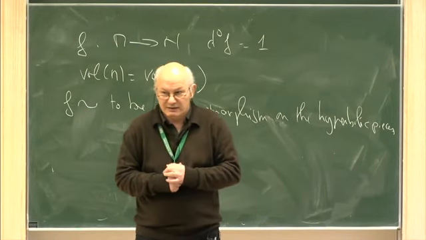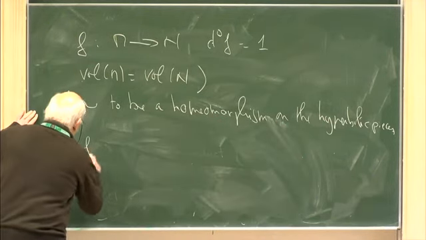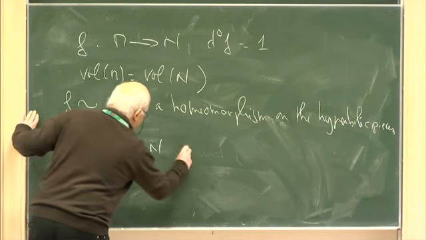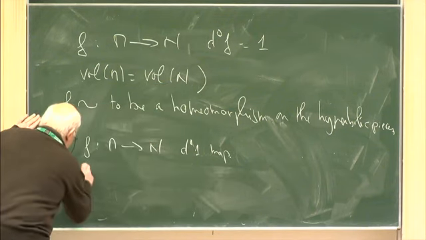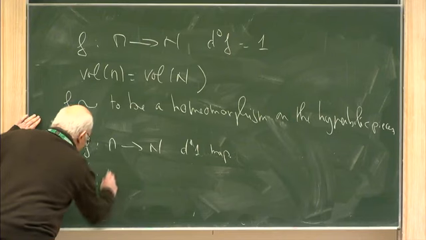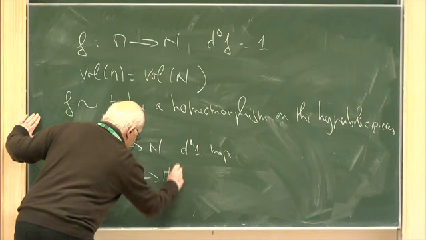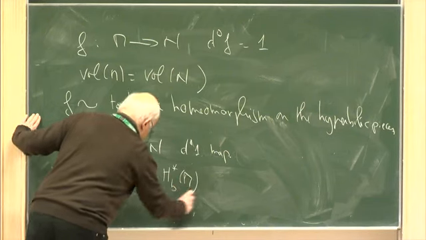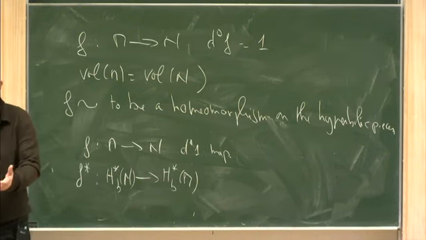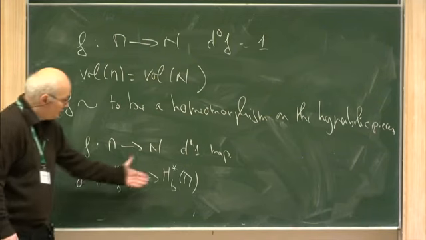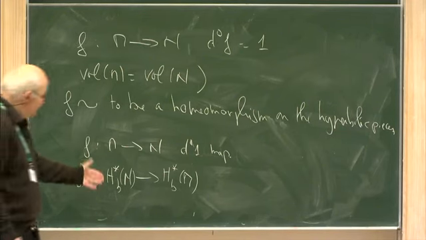So Derbez's result states that if you look at your degree 1 map, then you look at the induced map from the bounded cohomology of N to the bounded cohomology of M. I will not recall it, but bounded means you have a norm on the class. If this is an isomorphism and, more than that, an isometry, then f will be a homeomorphism.